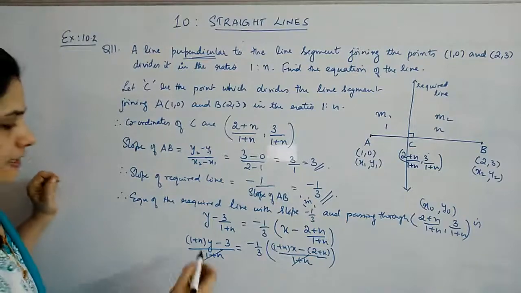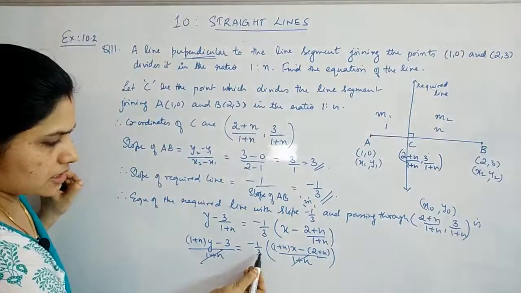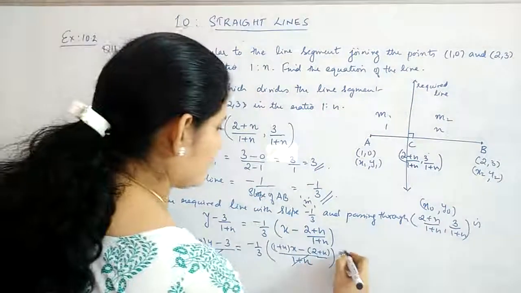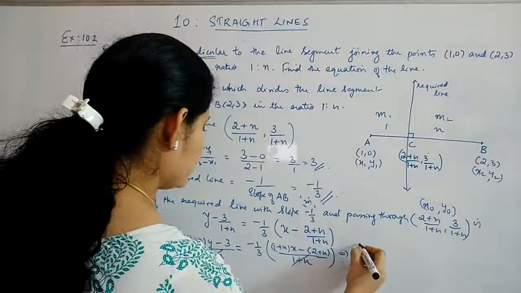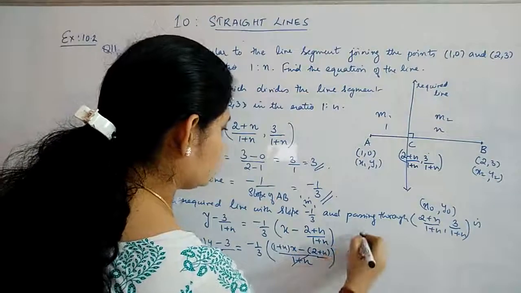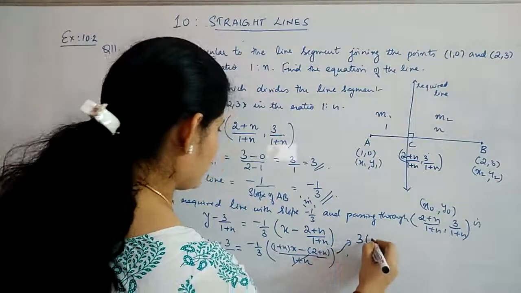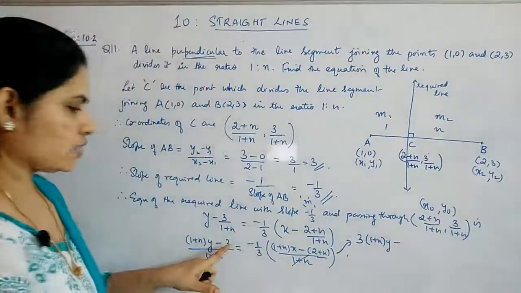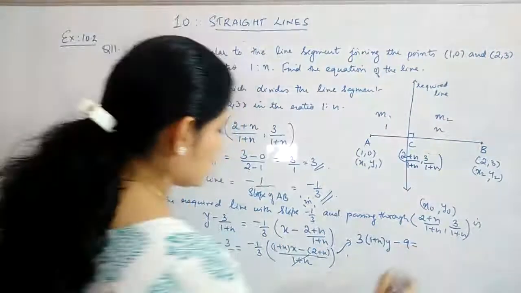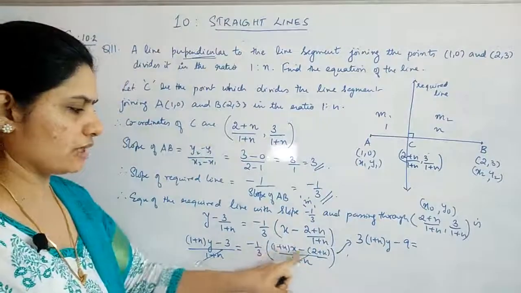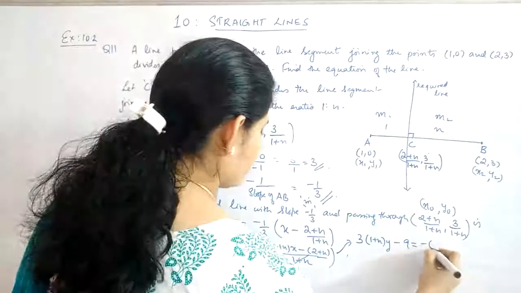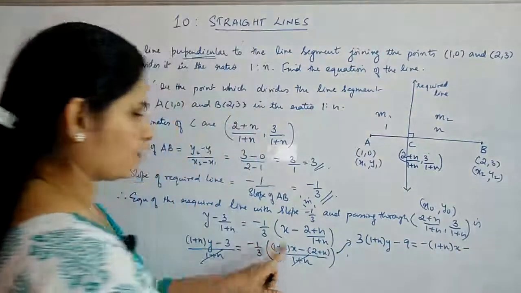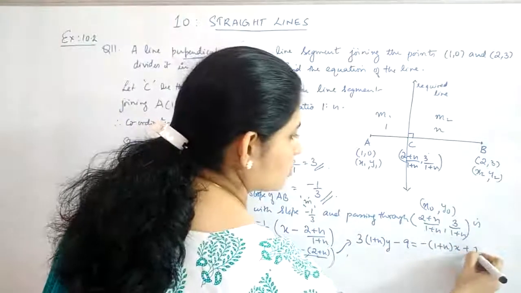Then this 3 can be taken to the other side, so you will get 3 into 1 plus n into y minus 9 is equal to, here you have minus 1 only with this, so minus of 1 plus n into x minus of 2 plus n, which will give you plus 2 plus n.